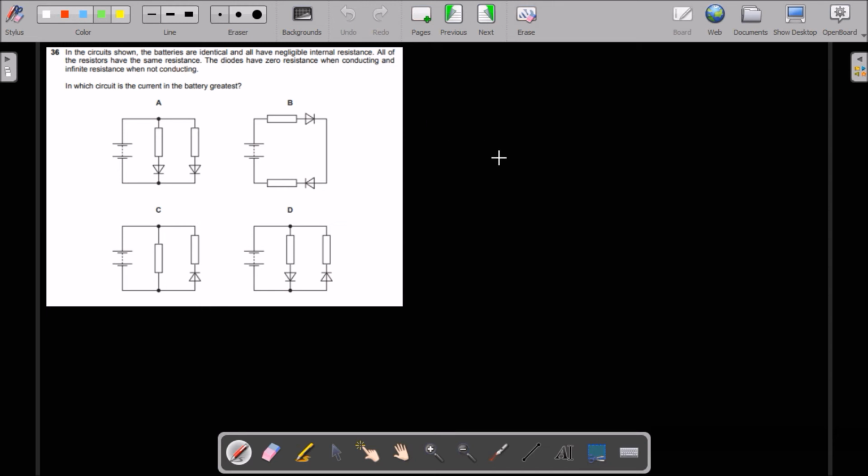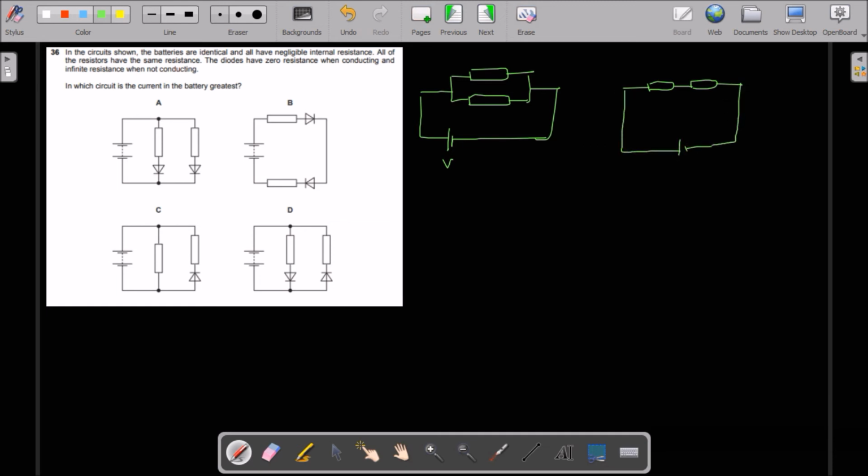Okay, for this question, first of all, I should explain: if I have two resistors and one battery, if they are identical, then effective resistance for parallel will be R over 2 and for series will be 2R.